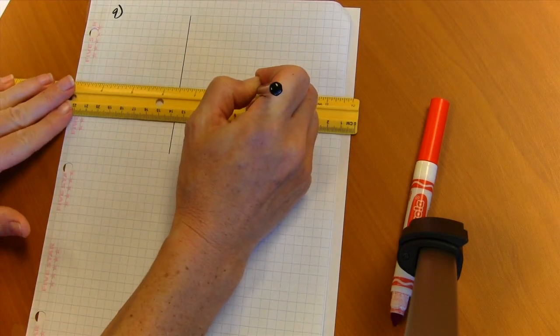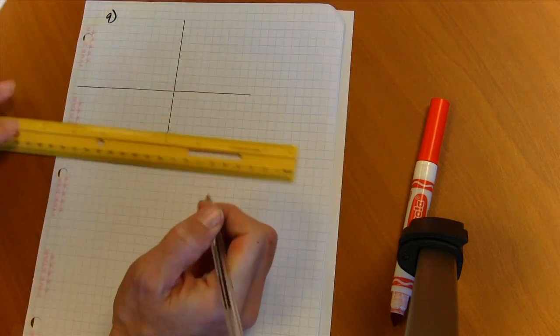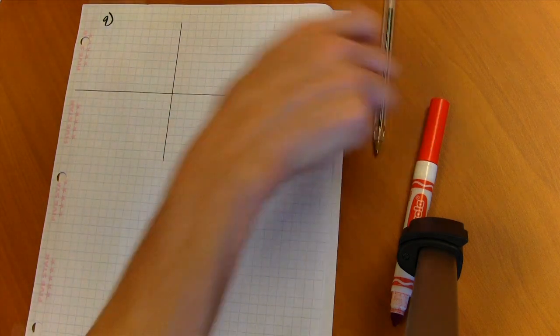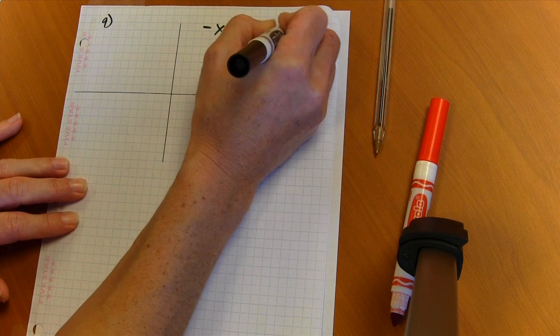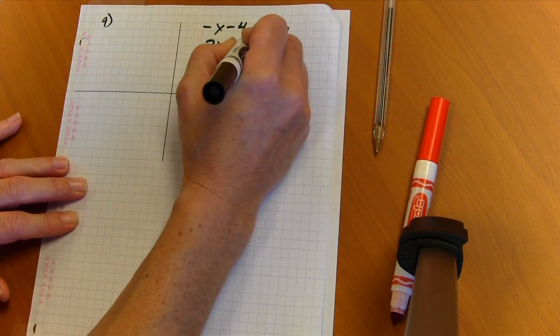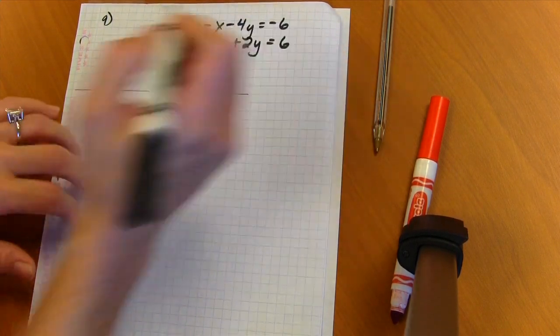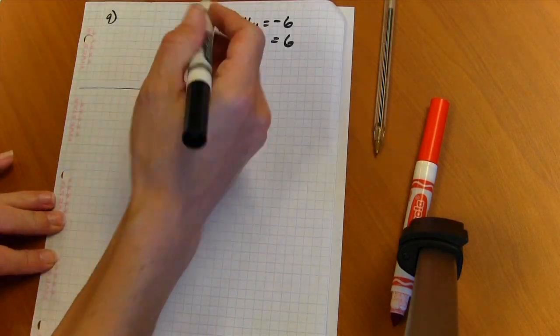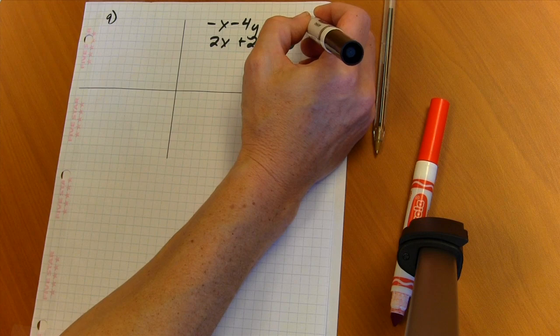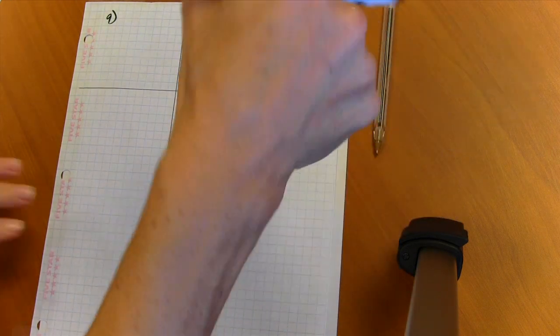Since the equations are in standard form, I prefer to do cover-up method. The first equation, the x-intercept, that's this guy. We'll do him in one color. We'll do him in black, and we'll do the other in red.